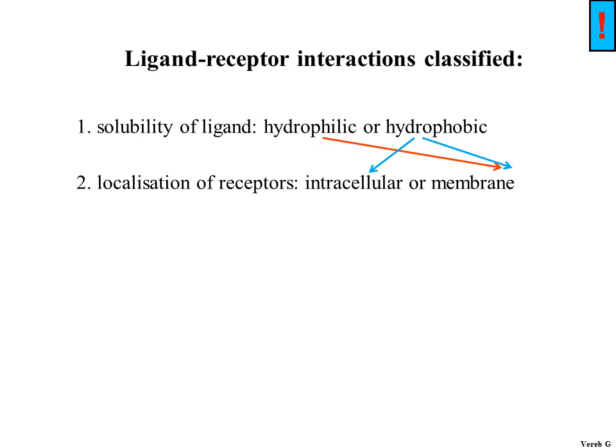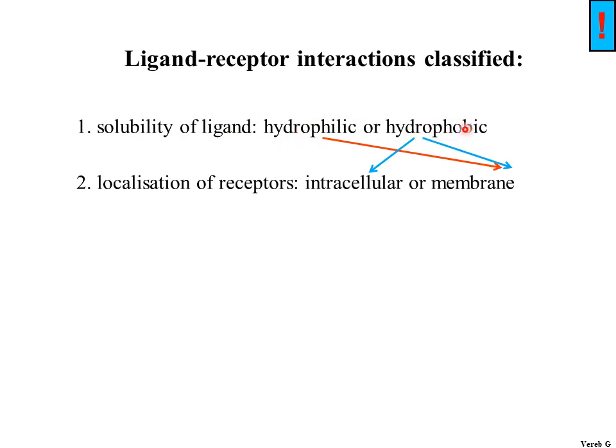In this particular case, when you classify ligand receptor interactions, the easiest thing is to go by the solubility of the ligand and say, okay, the ligand can be either hydrophilic or hydrophobic.